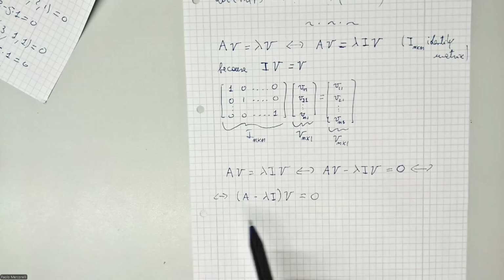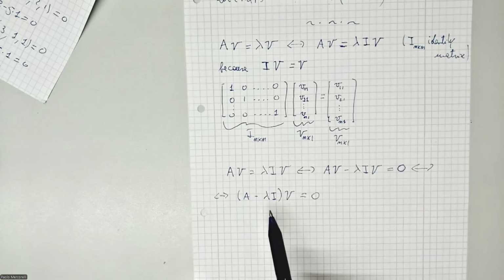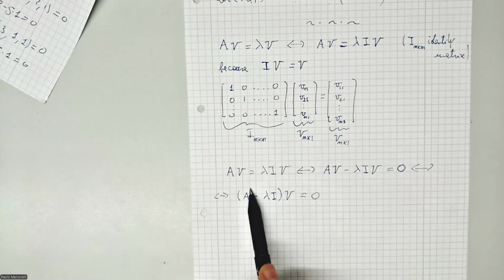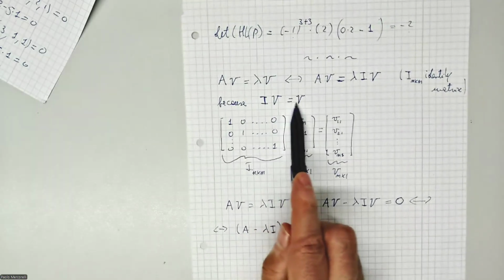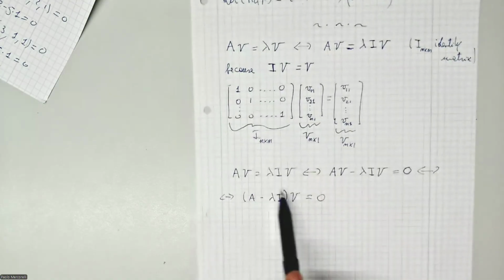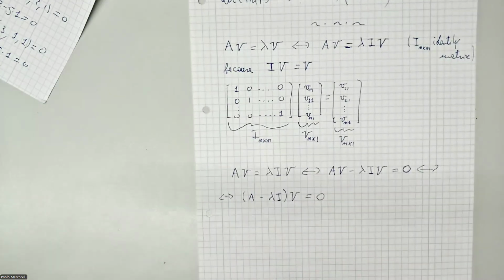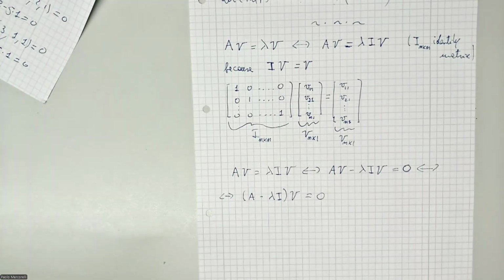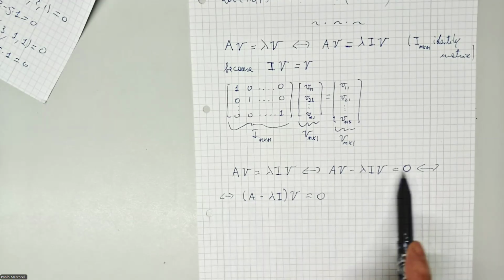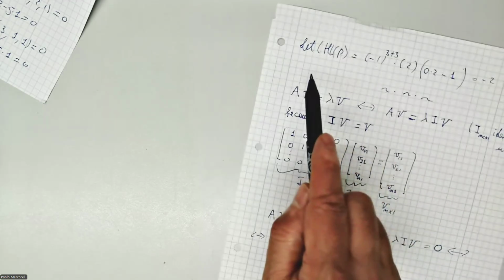This means I can define eigenvalue and eigenvector also in this form here. Did you agree? I did just a trivial consideration at the beginning. Then from here to here, I just moved things to the left, and from here to here, just algebraic consideration. This means this expression here is equivalent to the definition.